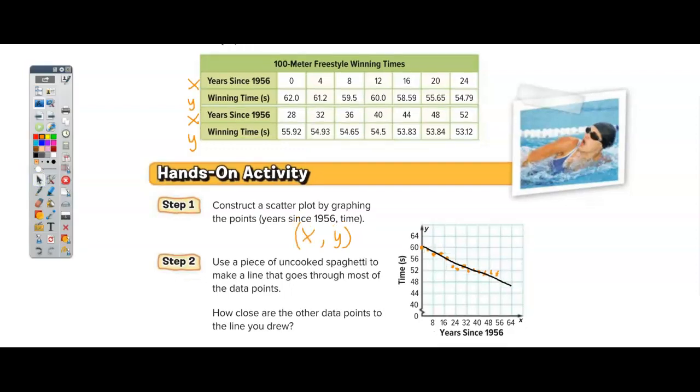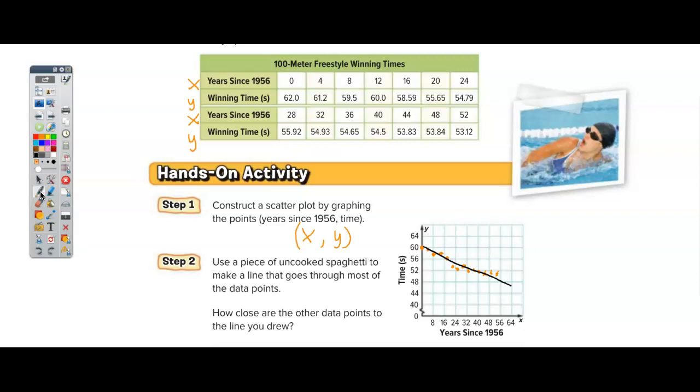So for step 3, I'm not going to scroll down because I'll lose my graph. But step 3 says, look at the point where the spaghetti has an x value of 68. The corresponding y value represents the projected winning time in 2024. So when our x is 68, that represents 2024.